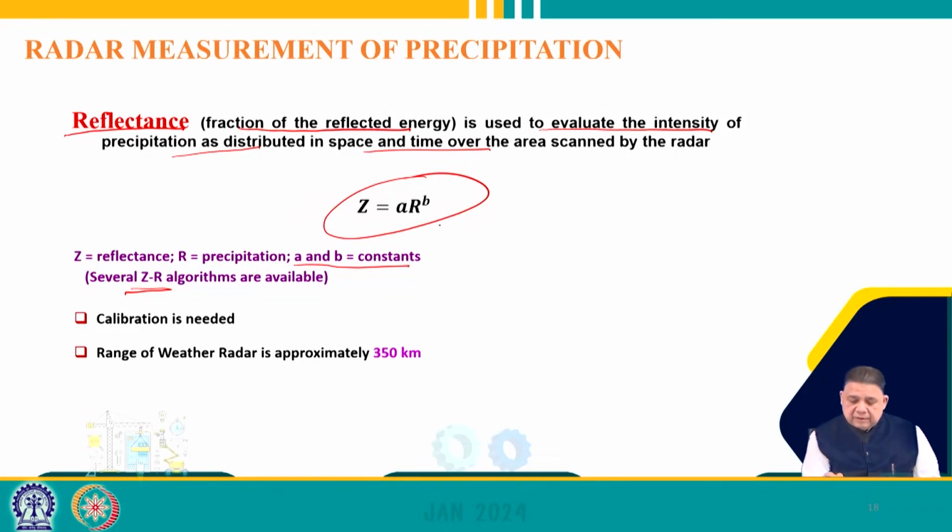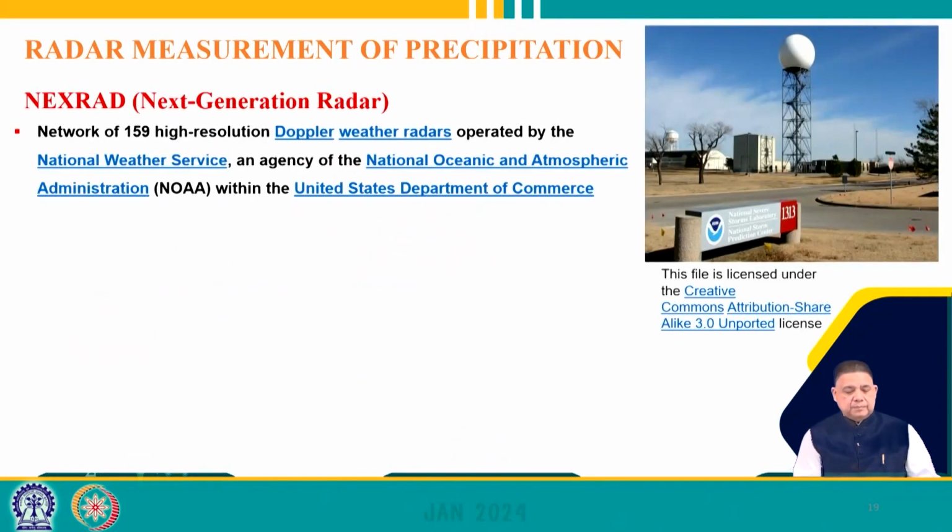As you can guess, these ZR algorithms are location specific, and also specific to a particular instrument. So, obviously there are several ZR algorithms, and of course their calibration is needed in order to adopt them. And the range of weather radar is approximately 350 kilometers.